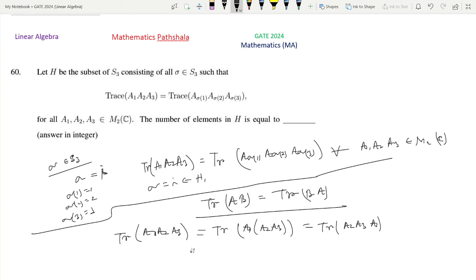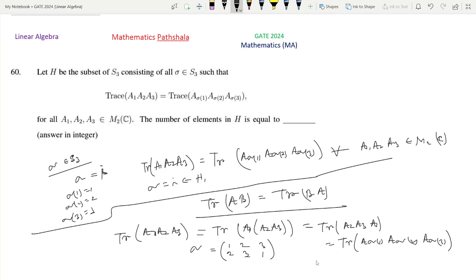So if we take sigma equal to (1 2 3), 1 goes to 2, 2 goes to 3, 3 goes to 1, then we have trace A sigma 1, A sigma 2, A sigma 3.